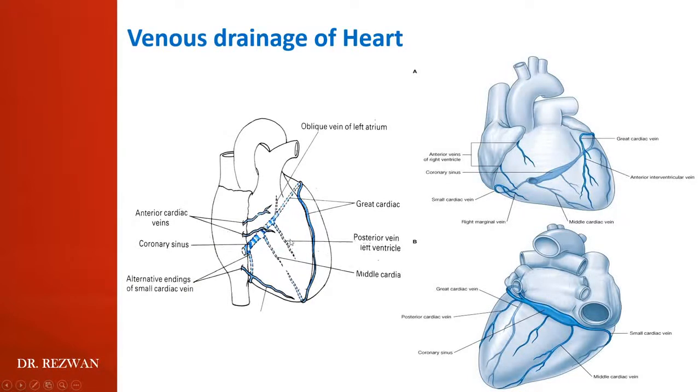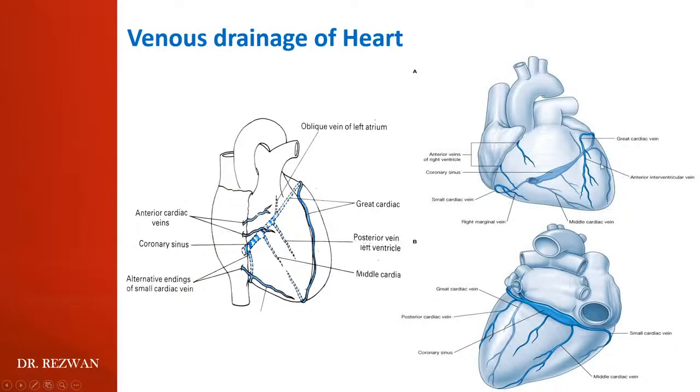This is the posterior vein of the left ventricle going into the coronary sinus. This is the middle cardiac vein, and this is the small cardiac vein with the branches of the right marginal vein. In this picture we can see the right marginal vein entering the small cardiac vein and going into the coronary sinus. This is the great cardiac vein.